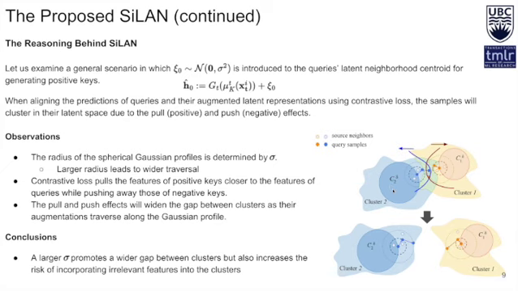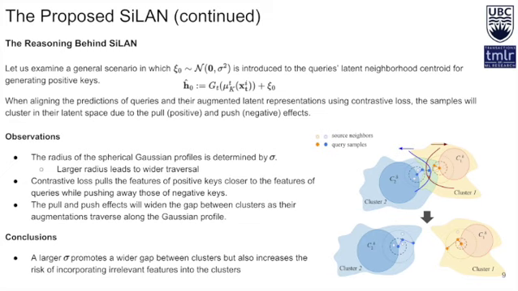The observation is that the radius of the spherical Gaussian profile is determined by the sigma of the Gaussian noise. When we increase the standard deviation, a larger radius leads to a wider traverse of the augmentation, so that we can generate a wider range for the positive key.